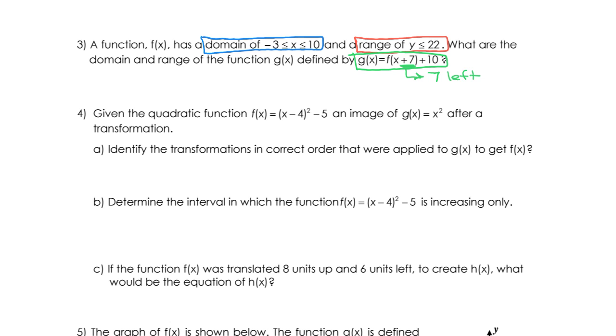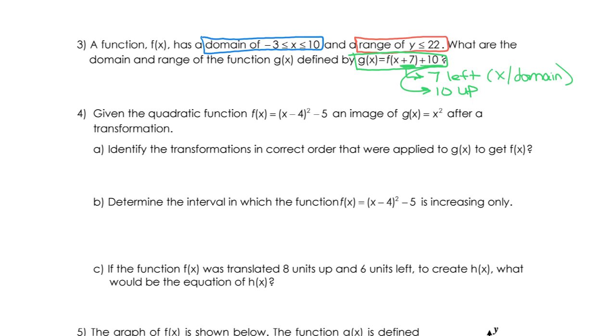In that +10, that's going to be 10 units up. So if you pick up our whole graph and move it 7 units to the left and 10 units up, it's going to affect the domain and the range. And the left and right movement is going to affect your x, or your domain.